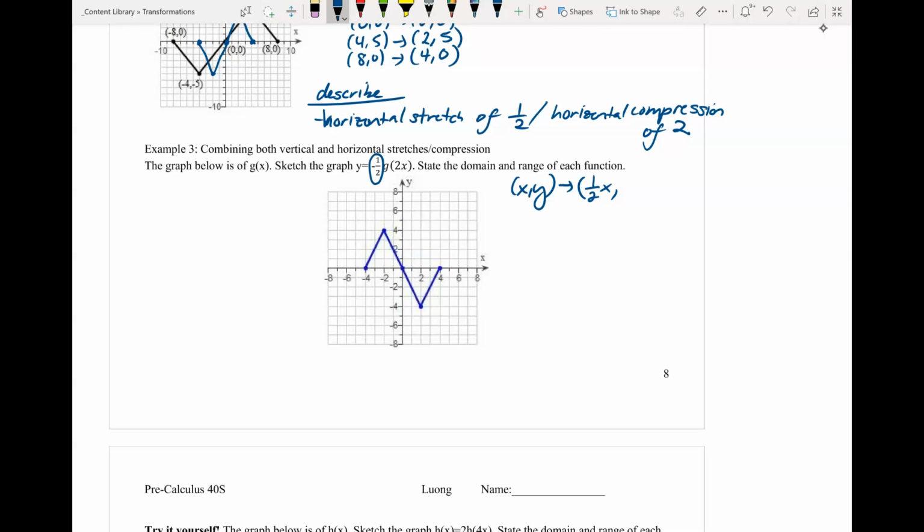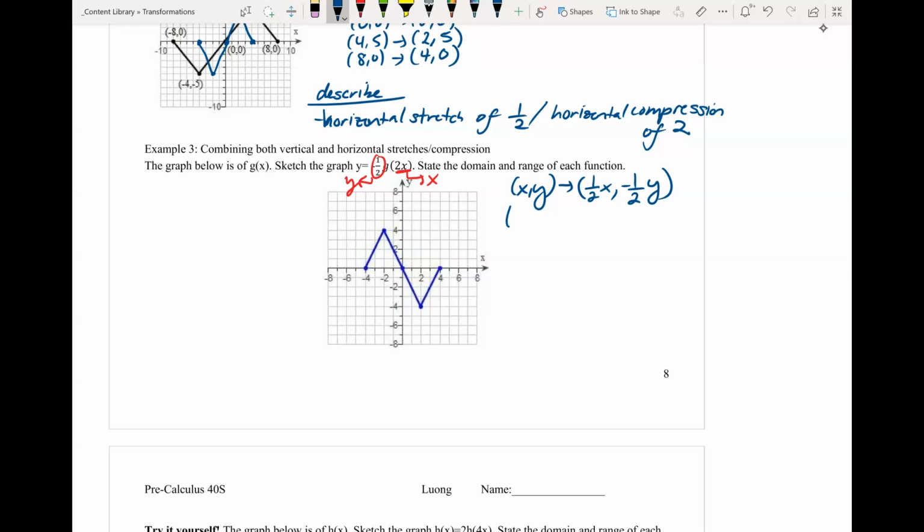For your y, we're looking at the one on the outside of the g of x, and this is going to be exactly what we see it as, negative a half times y. So in other words, the inside here affects your x values, the outside here affects the y values.